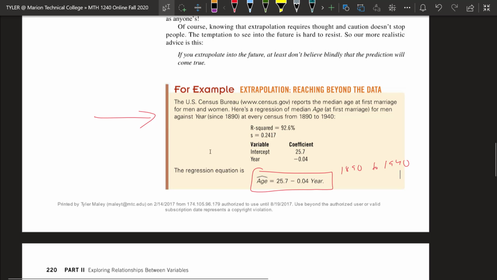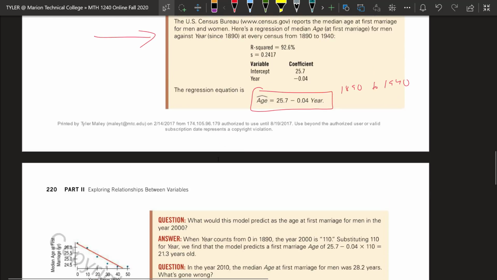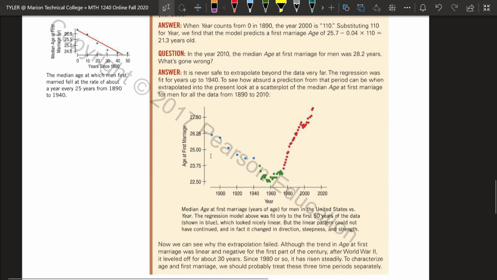So this looks like a good model. Then these blue dots here represent our data from 1890 to 2010, right? You can see it in this graph as well, just that narrow part.